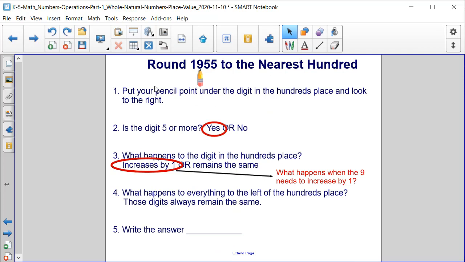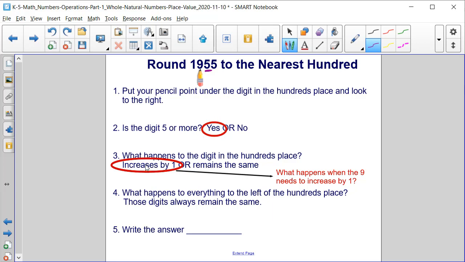Let's take another look at how to round 1,955 to the nearest hundred, this time using the set of steps and questions that we've been establishing when rounding. So we have 1,955 and we put our pencil tip under the digit in the hundreds place, and then we look to the right at our 5. Is this digit 5 or more?